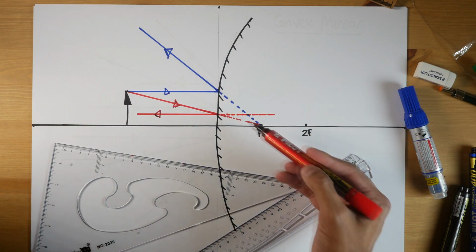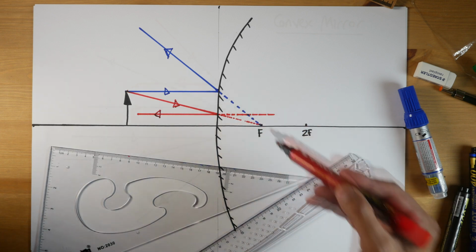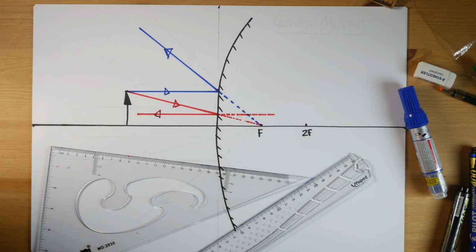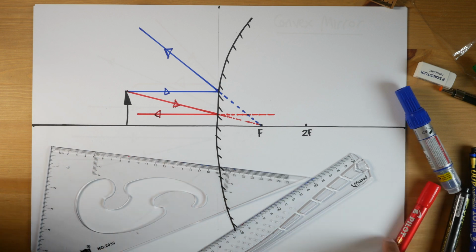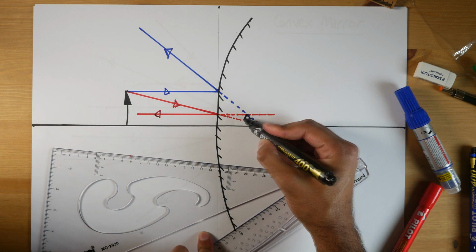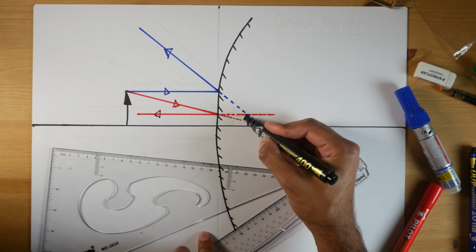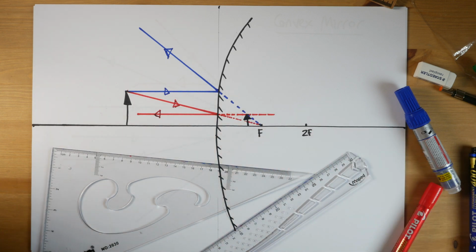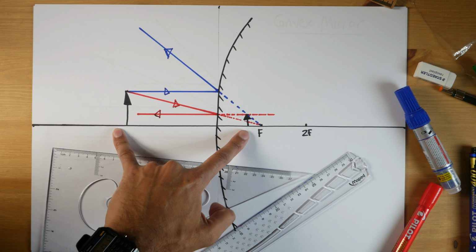Where the blue dotted line and the red dotted line meet, that is where the image is formed, the top of the image over there. So it ends up forming kind of like that.